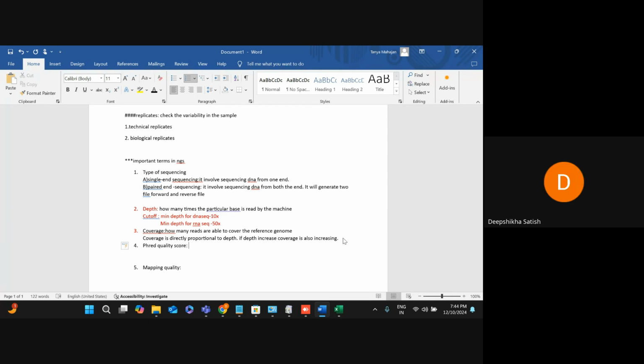So what is this Phred quality score first? It is assigned to each and every base which is sequenced by the machine.